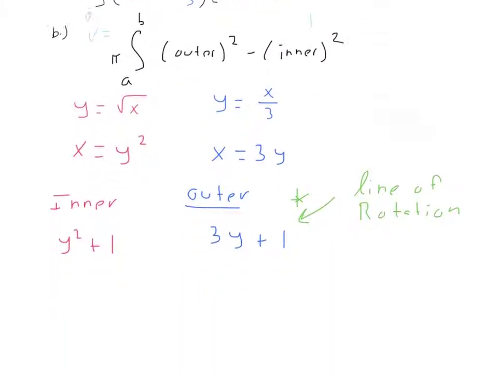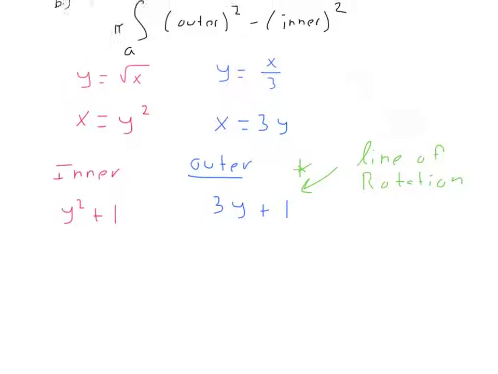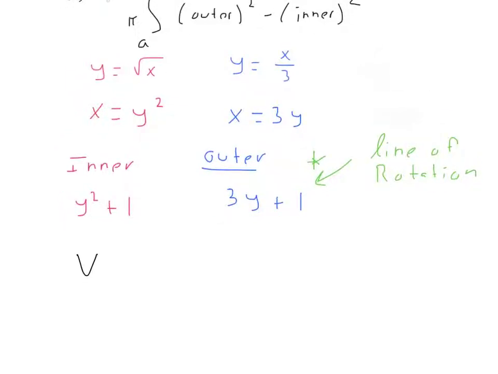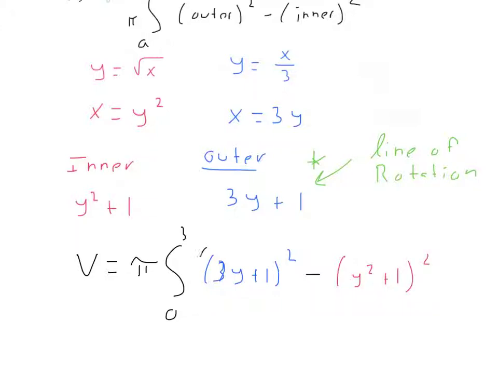So to set up our definite integral, the volume is equal to pi, from 0 to 3, our outer function, that's 3y plus 1, quantity squared, minus our radius of our inner function, y squared plus 1, quantity squared, with respect to y.